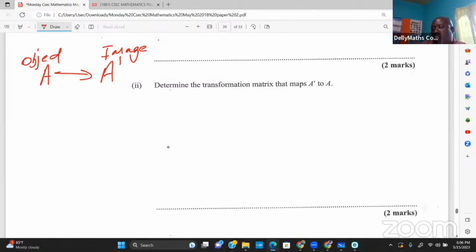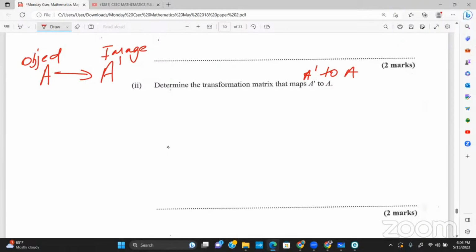Determine the transformation matrix that maps A prime to A. Anybody want to quickly suggest what they want from you here? What matrix could have done this? Remember, we did A to A prime, but they want you to find a matrix that will move A prime to A. Anybody? Going once, going twice.